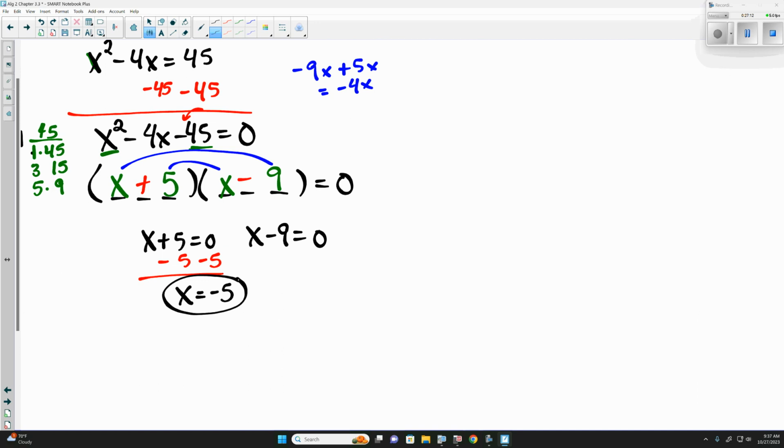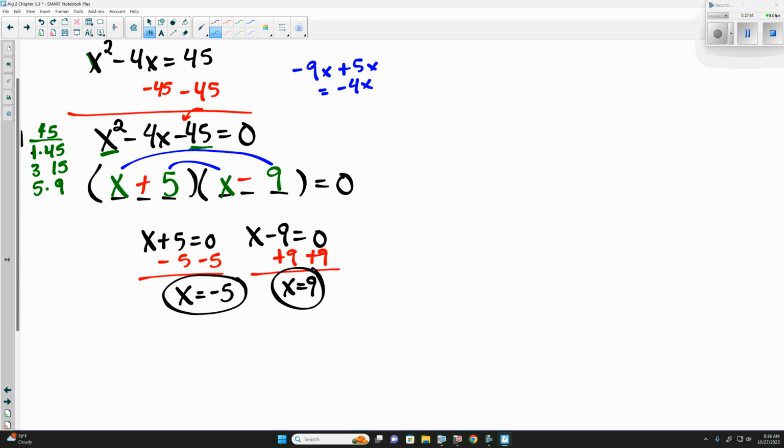For x minus 9, we would add 9 to both sides, telling us x is equal to 9. Yeah, so negative 5 and 9. For the most part, yes, because to solve we have to do opposite operations.